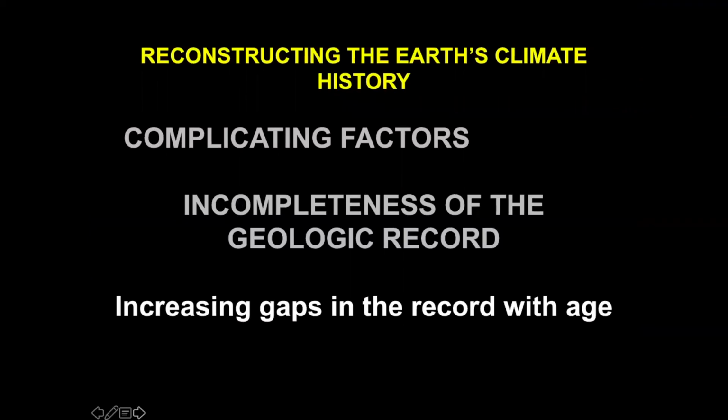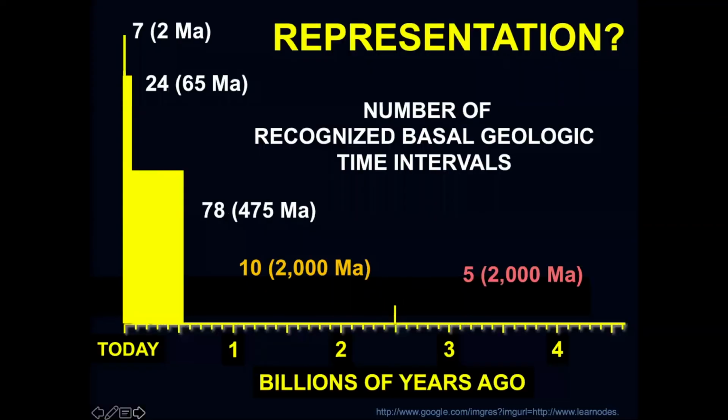Then there's the issue of age and the fact that the gaps in the record increase as we go back through time. You can sort of see that in this representation here of ages. This is looking at the basal geologic time intervals that are recognized for different periods of time.